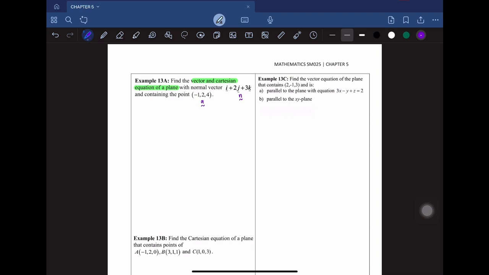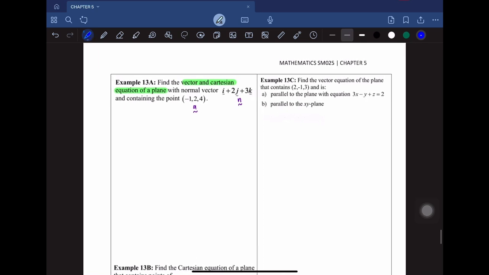So we can directly insert into the equation, which is the vector equation for the plane, r dot n equals a dot n. You already know your normal vector, so just insert it into the equation. For a dot n, you need to find the value, where your a is (-1, 2, 4), so you need to dot product the fixed point with your normal vector.